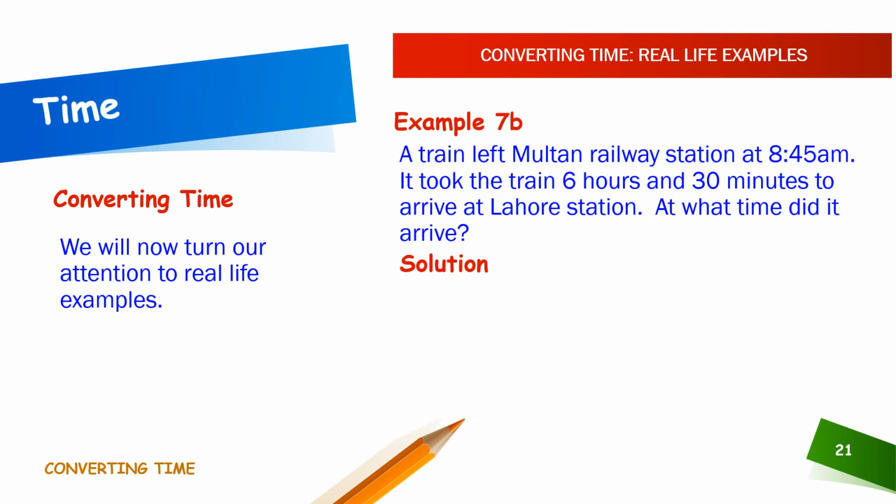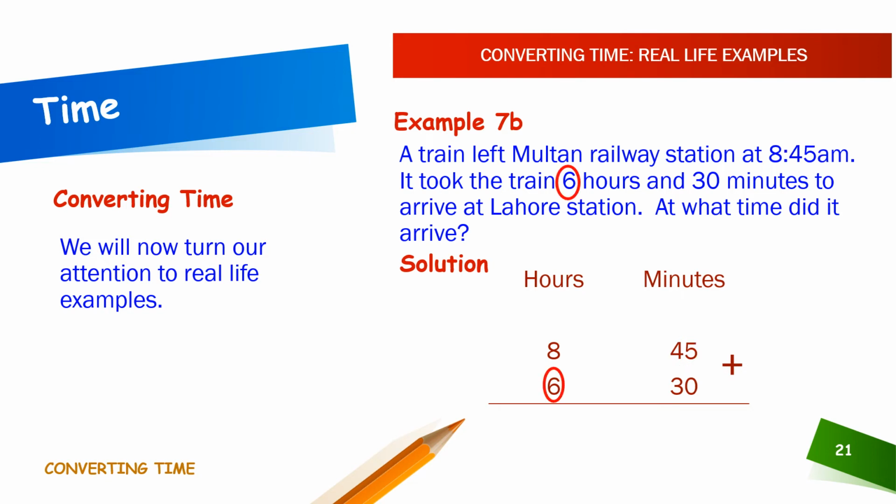So let's solve this. We're going to set this out in a table as we did in the previous example. In the first row, we're going to have the time at which the train left Multan railway station, which was 8:45 as shown.